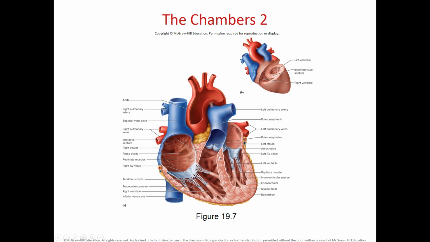So once you pump the blood from the ventricles into the pulmonary trunk, which is this, or into the aorta, which is this, you don't want the blood to back up into the ventricles. You want to move always the blood forward. So this pulmonary valve and aortic valve prevent this backing up of the blood from the pulmonary trunk and the aorta back into the ventricles.